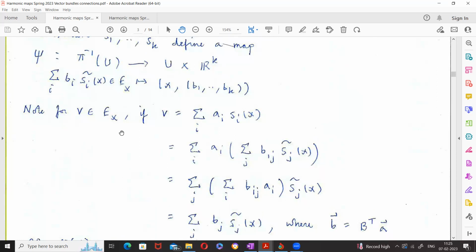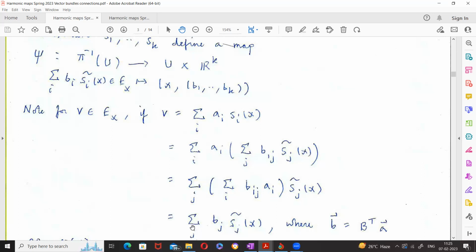we can write this in terms of our original local trivialization phi. So if I take a vector v in E_x, v I can write as the sum over I of a_i S_i(x). Then each S_i I can write as the sum over j of b_ij S_j tilde(x). So then this becomes a sum over i, j. Now I take the j outside, interchange the order of summation. So this becomes the sum over j, and then inside the sum over I of b_ij a_i, and then outside S_j tilde(x).